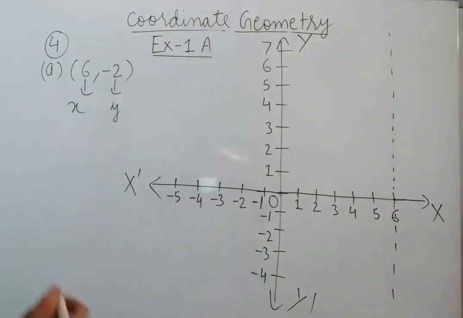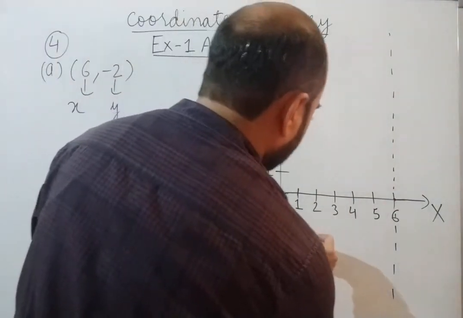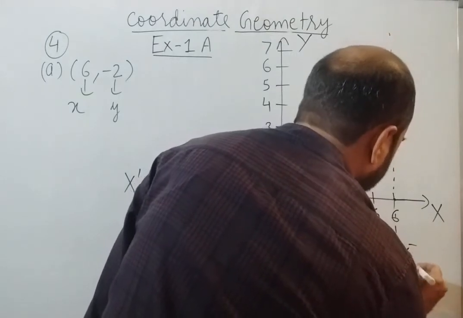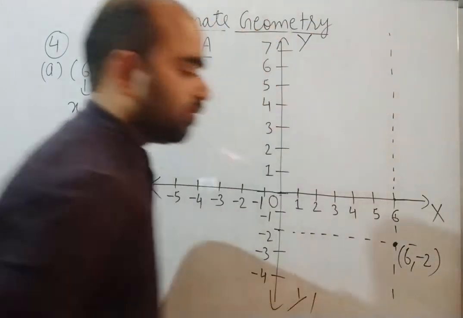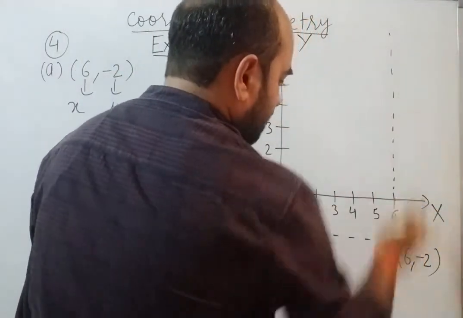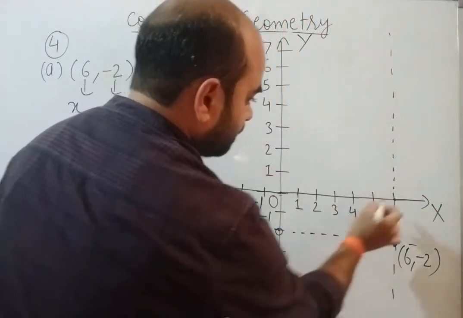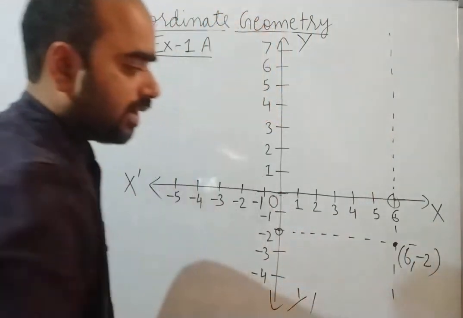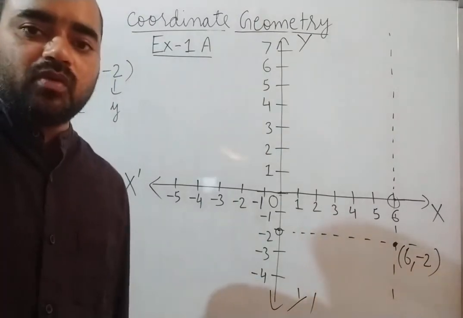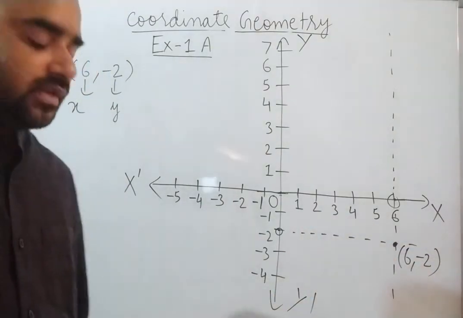And y is minus 2 means this. So this is the point 6, minus 2. Clear? Draw dotted perpendicular lines, and the point of intersection is 6, minus 2. You can name the point, the name is not given.